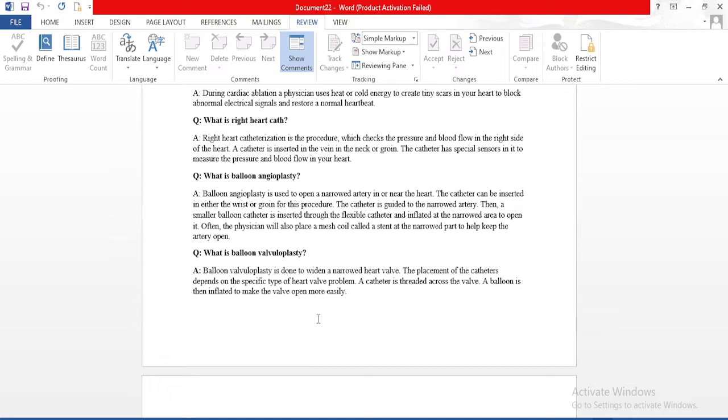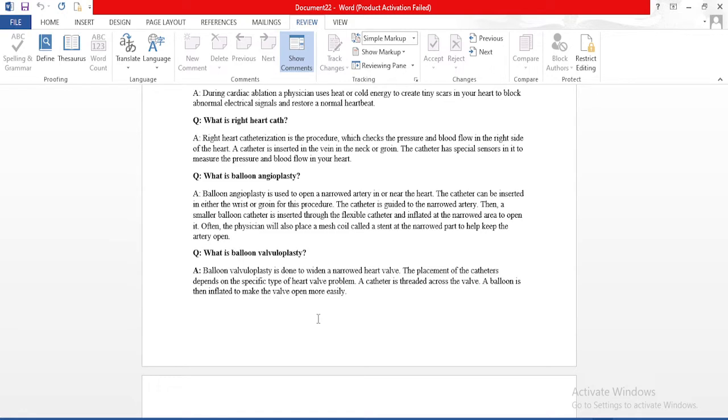The catheter can be inserted in either the wrist or groin for this procedure. The catheter is guided to the narrowed artery. Then a smaller balloon catheter is inserted through the flexible catheter and inflated at the narrowed area to open it. Often the physician will also place a mesh coil called a stent at the narrowed part to keep the artery open.